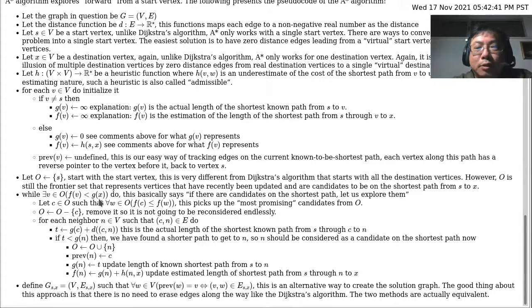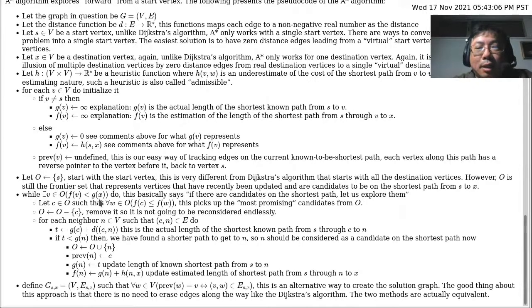So if there are no paths to the destination from the start vertex, right? The start vertex would go places. It would basically explore every single vertex that is ever reachable from the start vertex, and then it will find out that, oh, okay, there's no way to proceed.